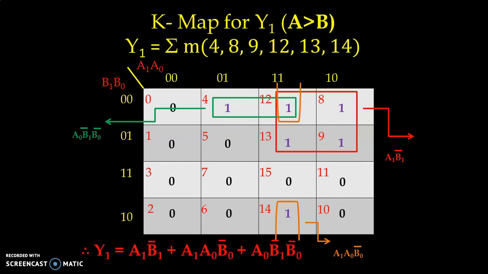So we can write y1 is equal to A1 dot B1 bar plus A1 dot A0 dot B0 bar plus A0 dot B1 bar dot B0 bar.